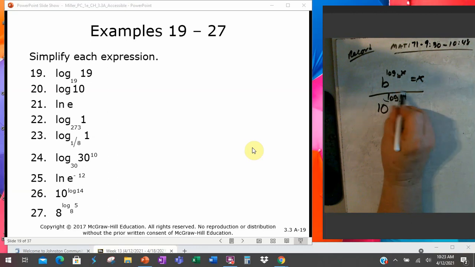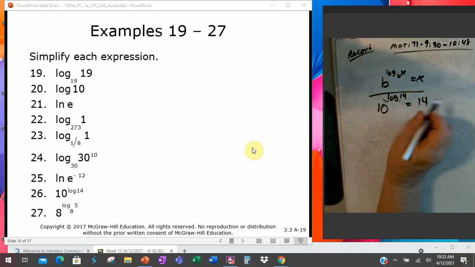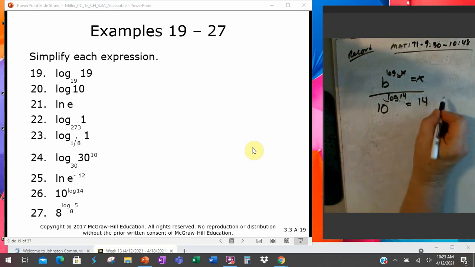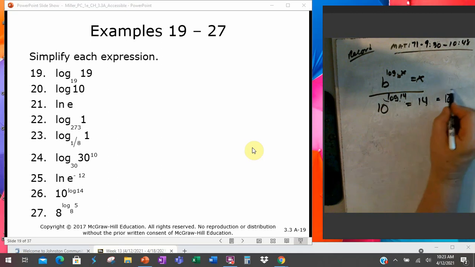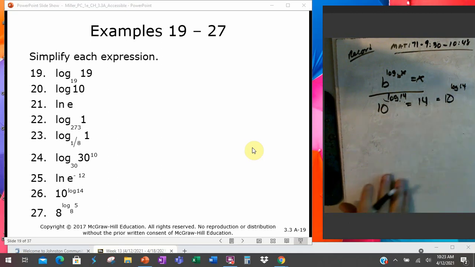What is that power? That is the log. That's got to be my 14. I'm just representing that as some power of b, the base 10, and what would that number be? It is just the log of 14.